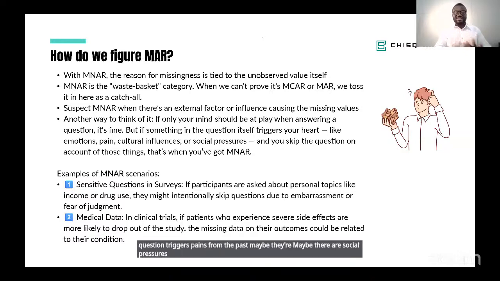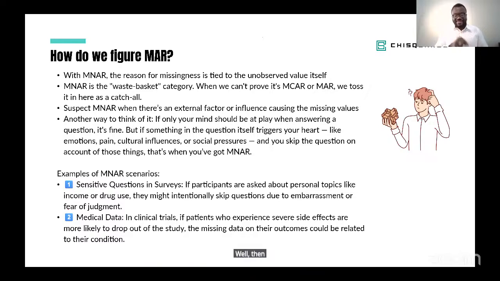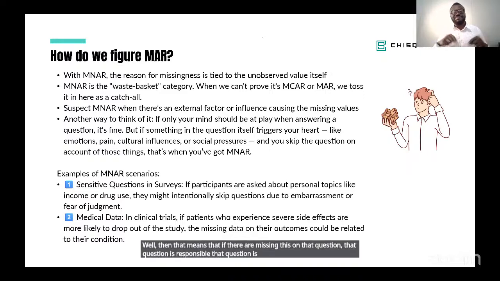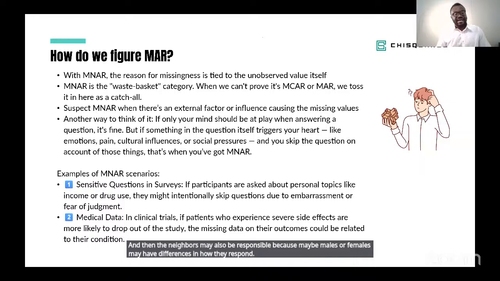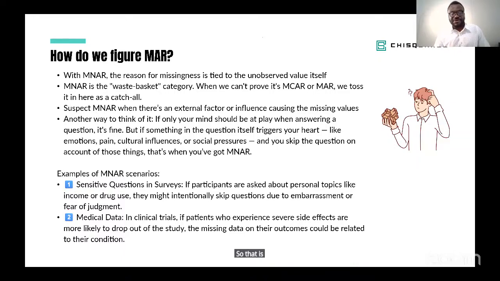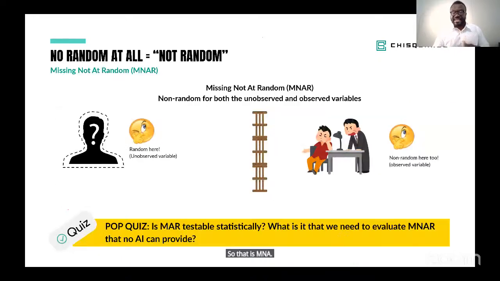That has nothing to do with the questionnaire. If a person brings their baggage along and the question triggers them, then the question is responsible for its own disappearance. And the neighbors may also be responsible, because males or females may differ in how they respond. So that is MNAR, and that is how we want to understand this.